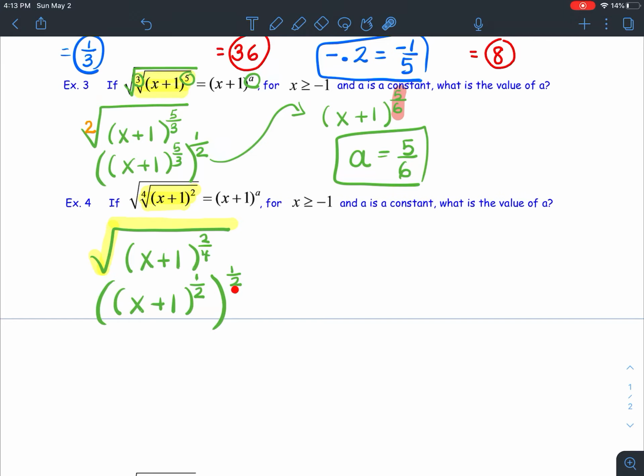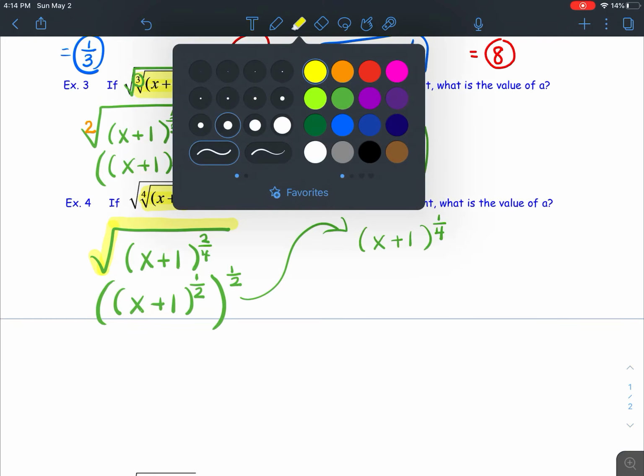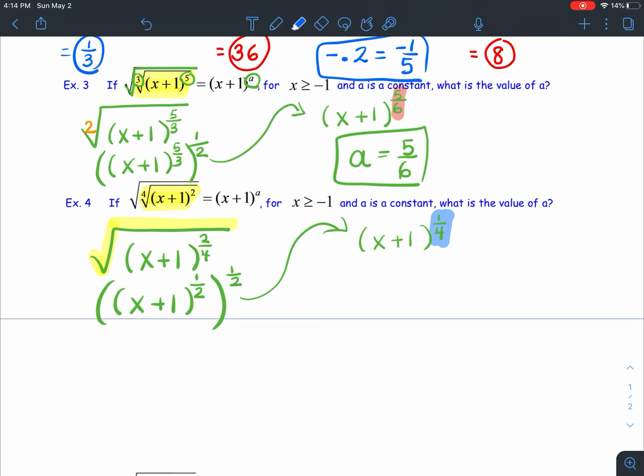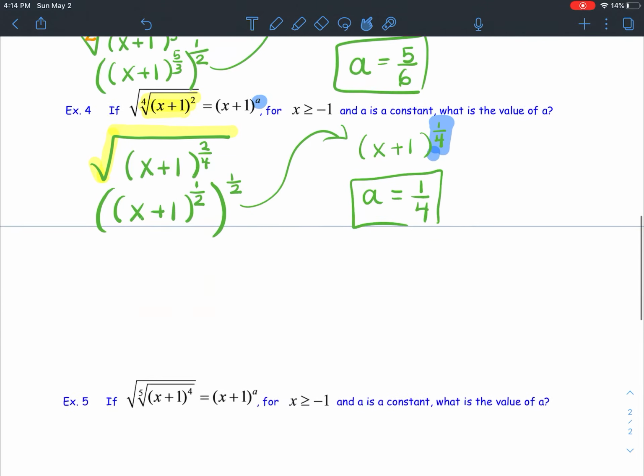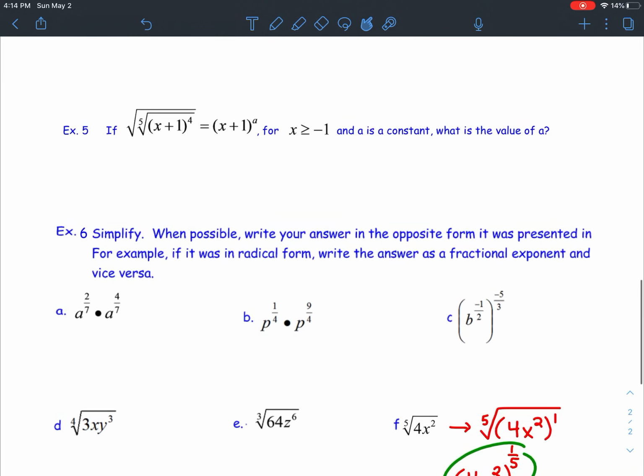I'm going to multiply these two fractions together, numerator times numerator, denominator times denominator, and I get x plus 1 to the 1/4 power. So again, my exponent right here, this 1/4, that's what that a would be. So I'm going to go ahead and report that a would have a value of 1/4.